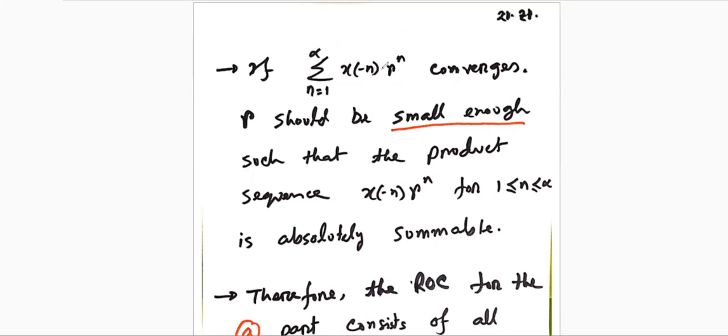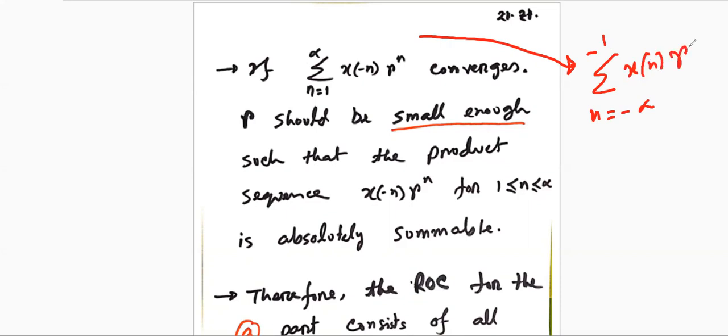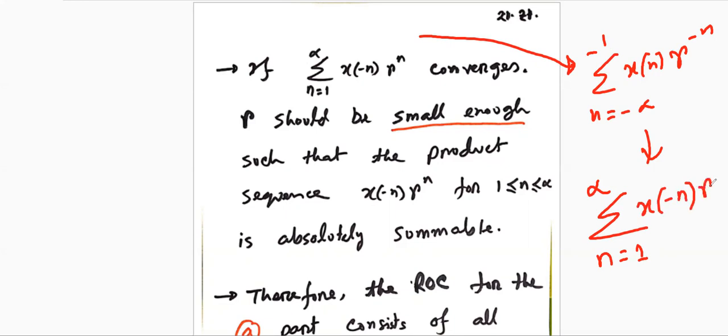This is the section where we are talking about n equals minus infinity to minus 1, x[n] r to the power minus n. And that is converted to n equals 1 to infinity and x[-n] r to the power n. Here x[-n] is a folded version of your x[n].